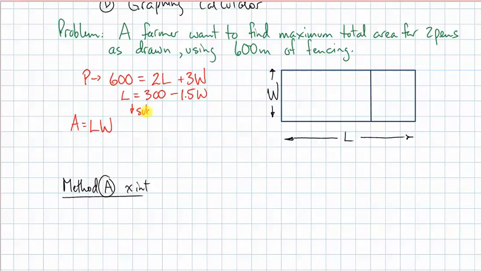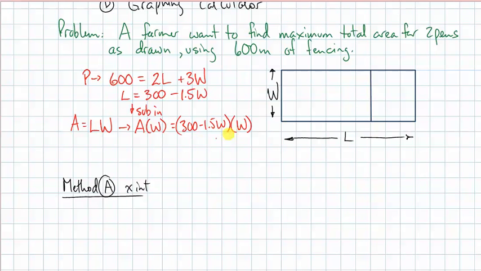Now, if I substitute the length into this formula, which also currently has 2 variables, I can rewrite it and say area is now a function of width only, and it's equal to the length, which is described based on width, times the width. So I've just replaced the length with what the length is equivalent to.